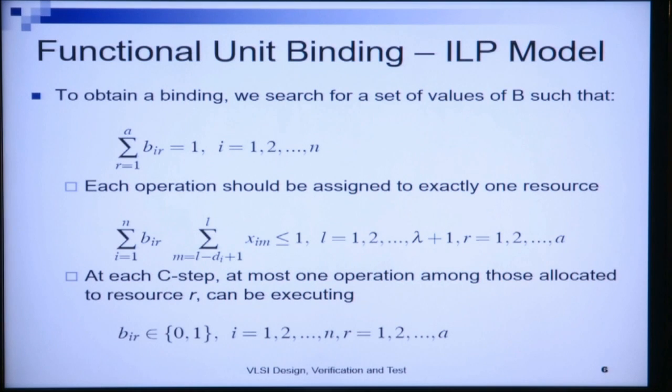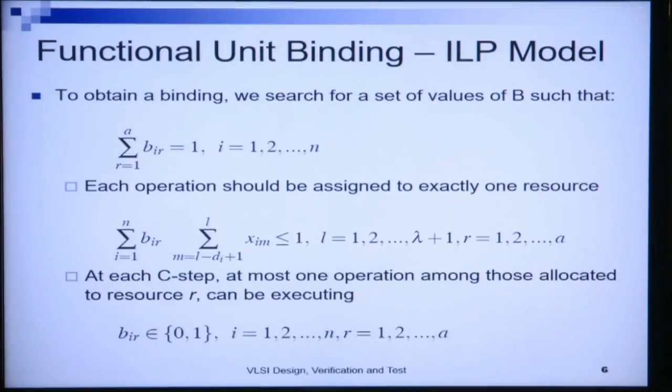This term, seen in isolation, will give me all operations that are bound to resource r. Because we are doing this whole constraint for each resource at each time step, this term in isolation gives me all operations bound to resource r. And when we multiply it with the other term, it gives me all operations that are bound to resource r and actively executing at time step l.